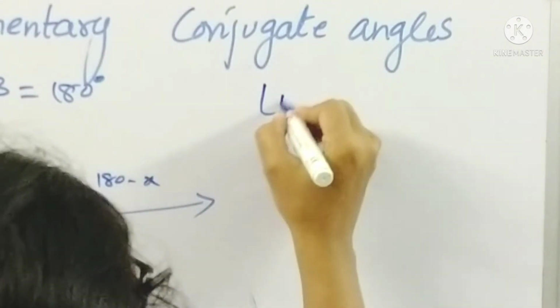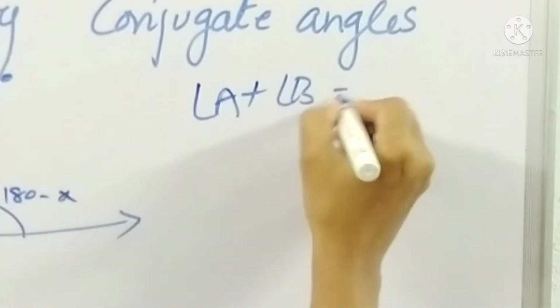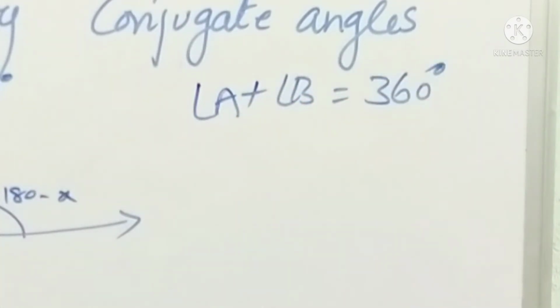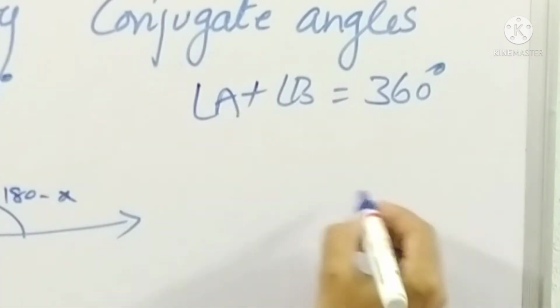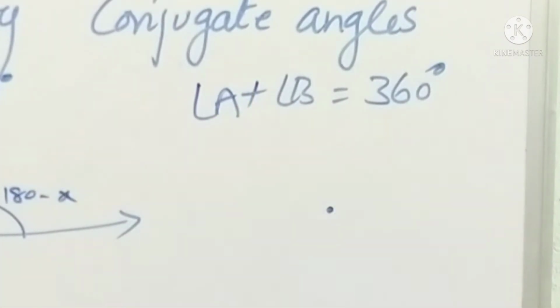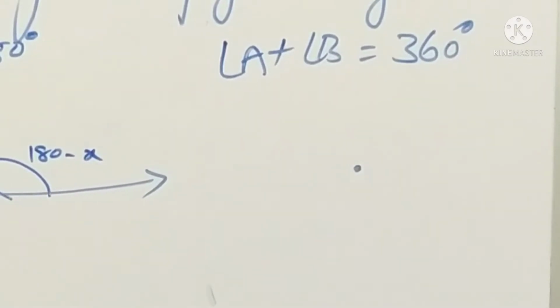Now the last one, conjugate angles. If the sum of two angles is 360 degrees, then they are called conjugate angles. The total angle at a particular point is 360 degrees. So the total angle at this point is 360.